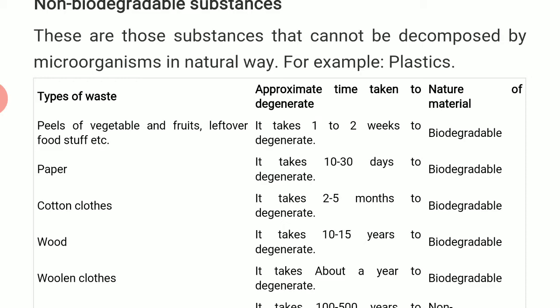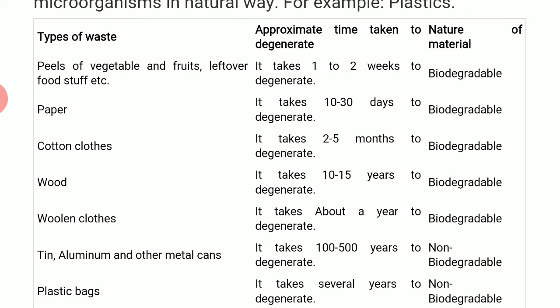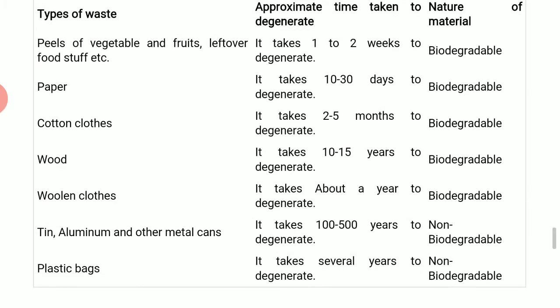Paper takes 10 to 30 days to degenerate and it is biodegradable. Cotton clothes take 2 to 5 months to degenerate. They are also biodegradable. Wood takes 10 to 15 years to degenerate and it is biodegradable. Woolen clothes take about a year to degenerate. They are also biodegradable.